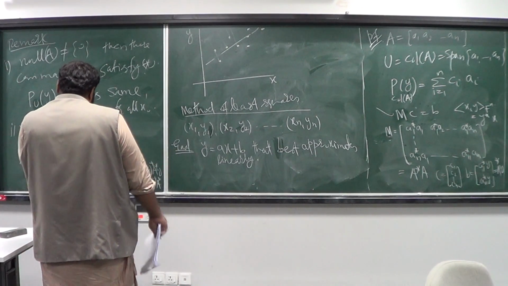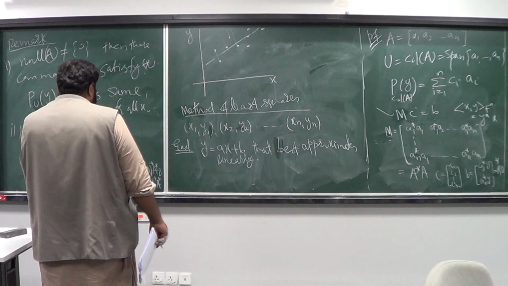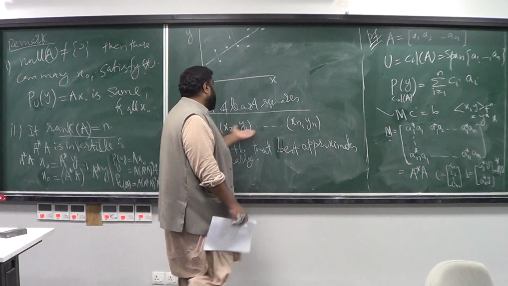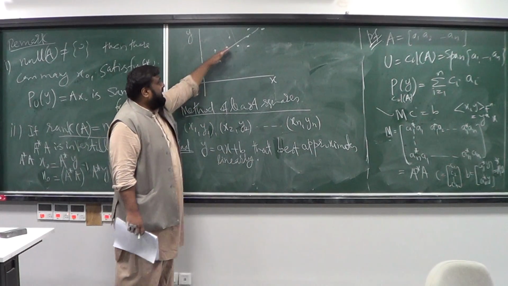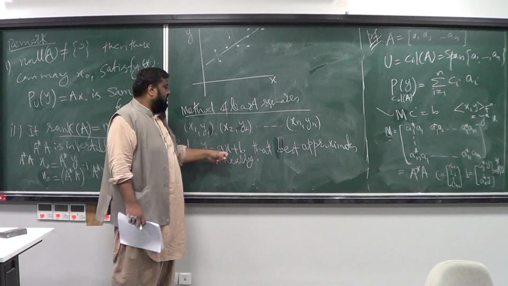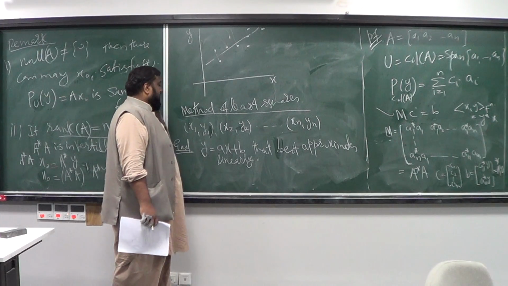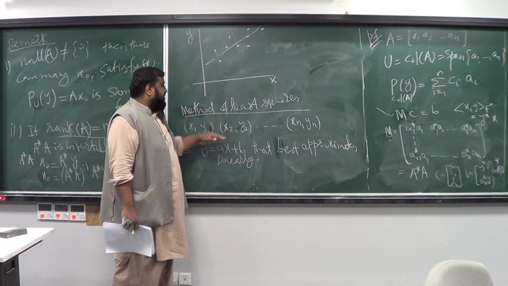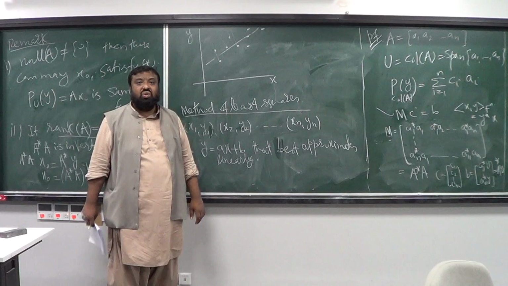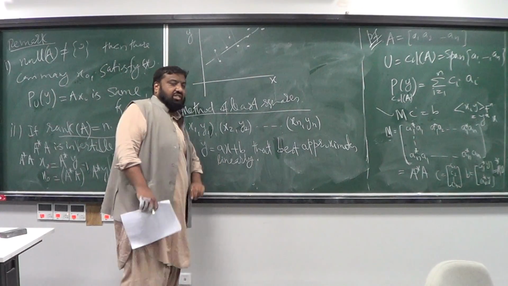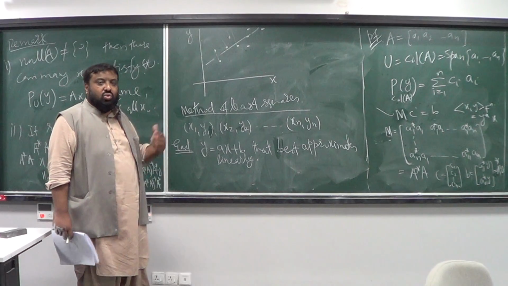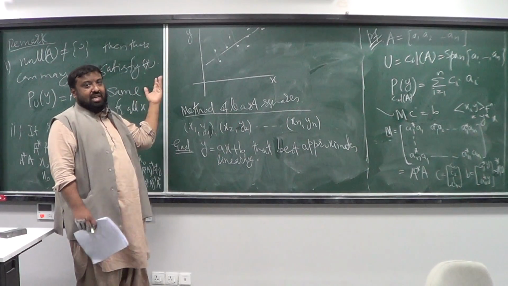So I know that all these points are not necessarily on this given line. This is the line that I'm interested in. I want to find a and b. But all these points do not necessarily lie on this line. If they don't lie on this line, they lie on some other lines.